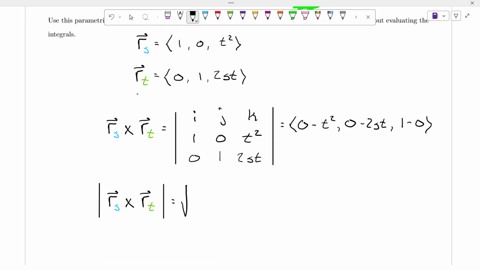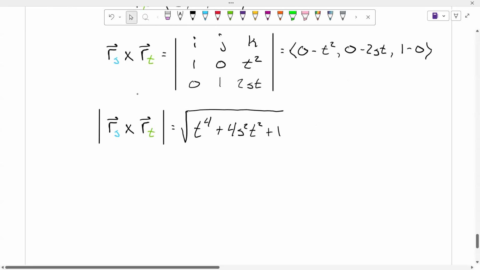So the magnitude of that vector is just the square root of the 3 components squared. So t squared squared is t to the fourth power. Negative 2st squared is 4s squared t squared. And 1 squared is 1. Adding each of those up, I've got myself a magnitude.